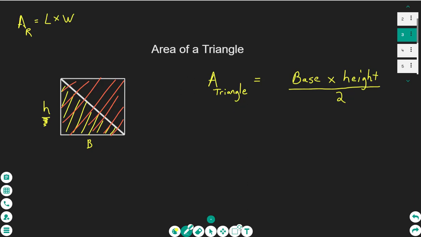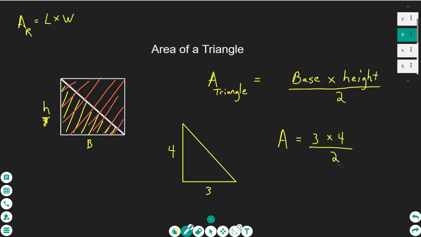Okay? So maybe just a really quick example. If I have a triangle that maybe looks like this, we'll just make it similar to the last one. And if the base is 3 and the height is 4, the area for this triangle is going to be the base, which is the 3, think of it as kind of the bottom of the triangle, times the height, how tall the triangle is, which is 4.